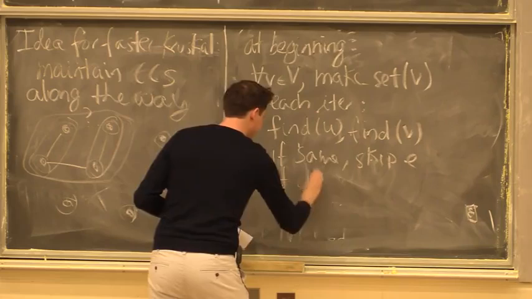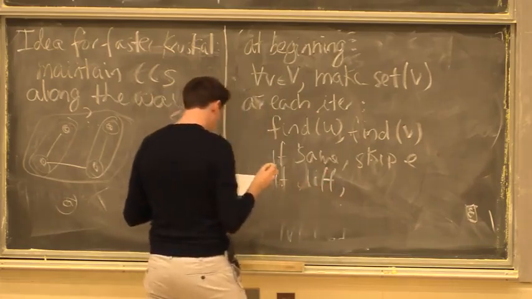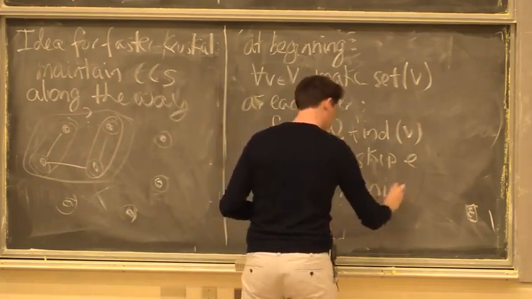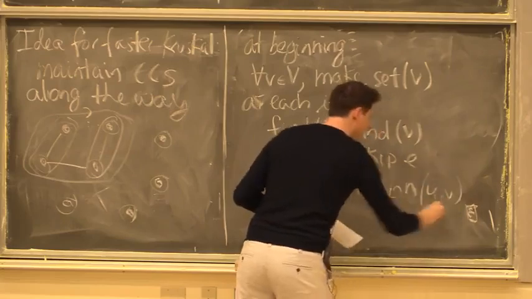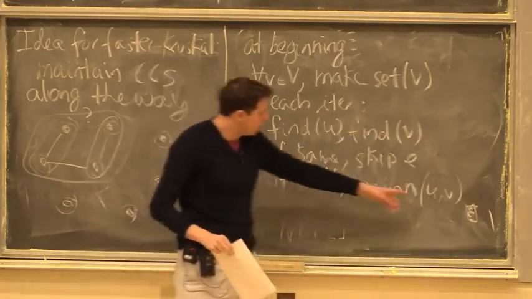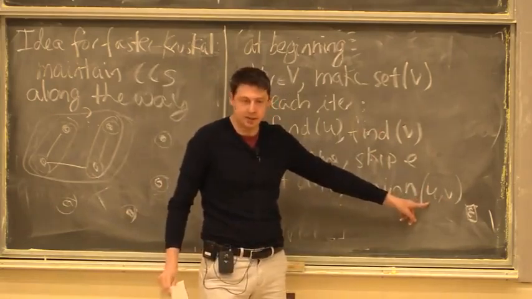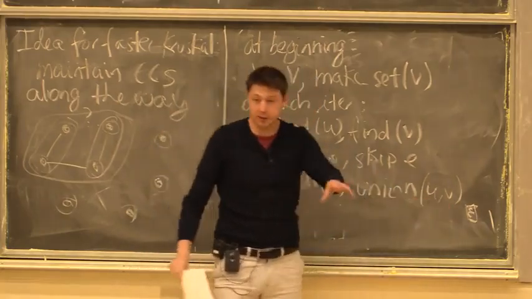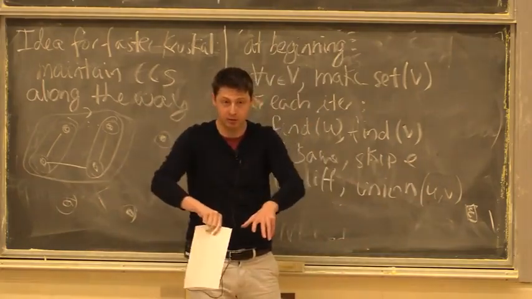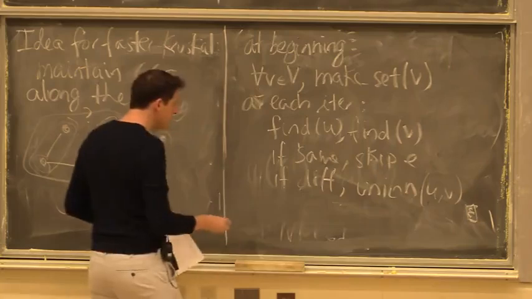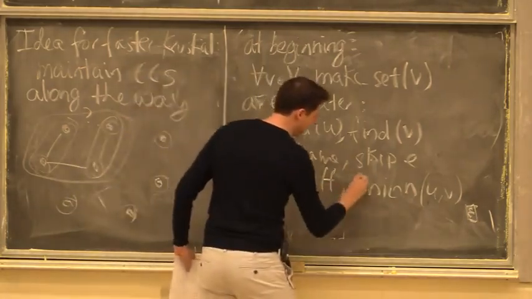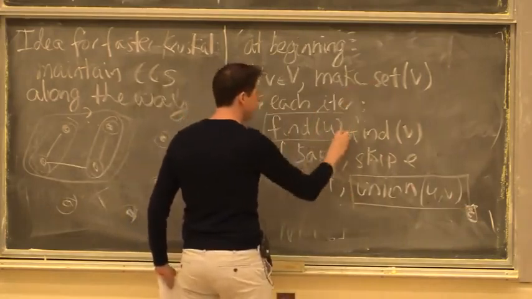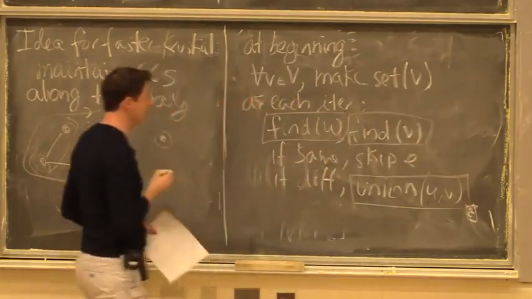And if different, we're going to call the operation union of u, v, which says, look up the set of things that have the same value as u, its whole connected component, and its whole connected component v, and you merge them all. So the operations of the data structure that are relevant are union and find. Of course, there's also the initialization. But that's why this data structure is called union find.